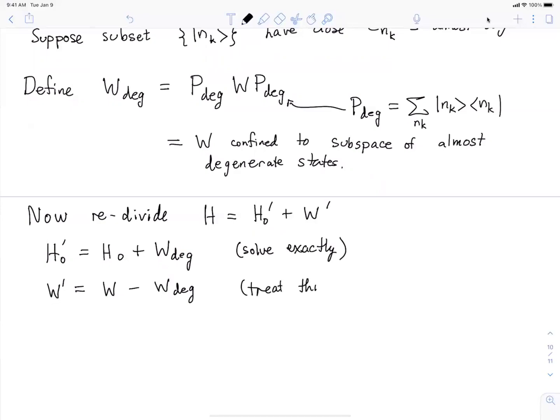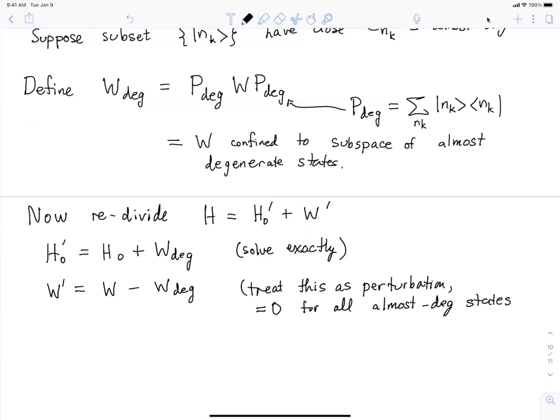So we treat this as the perturbation, and note that it's equal to 0 for all the almost degenerate states. The reason it's equal to 0 for them is because we subtracted out the part that is non-zero for the almost degenerate states.